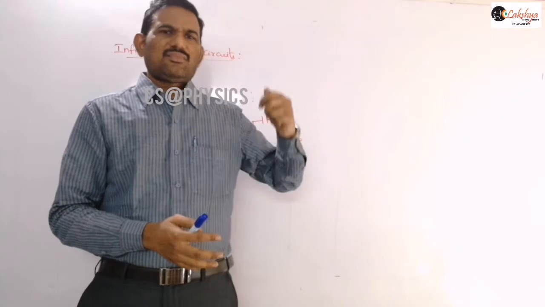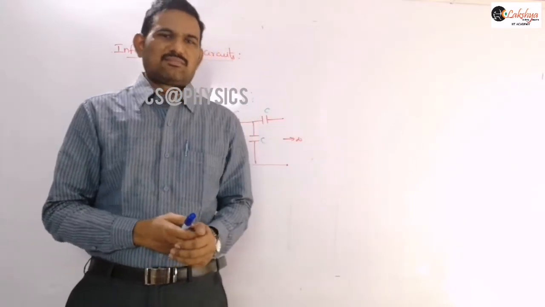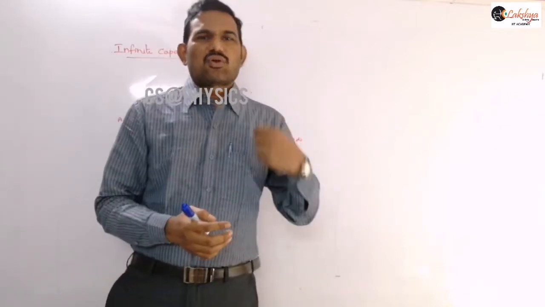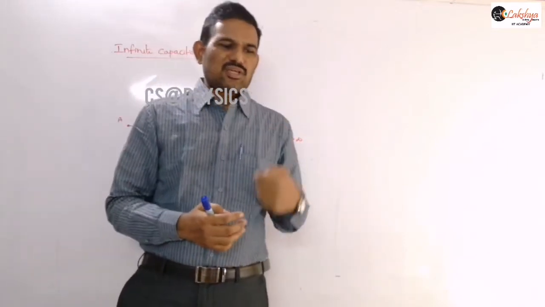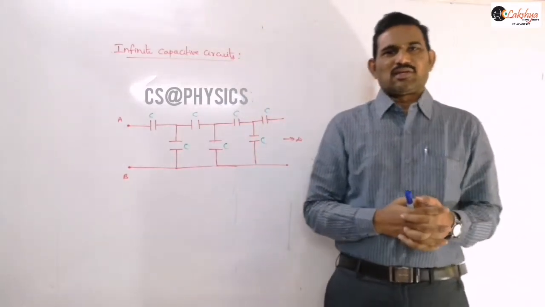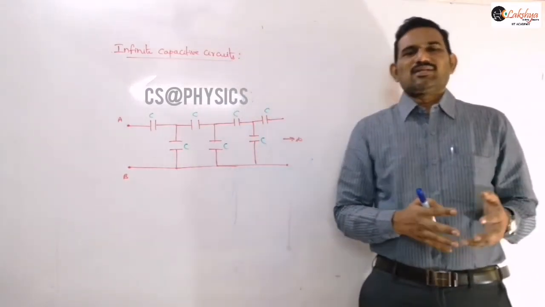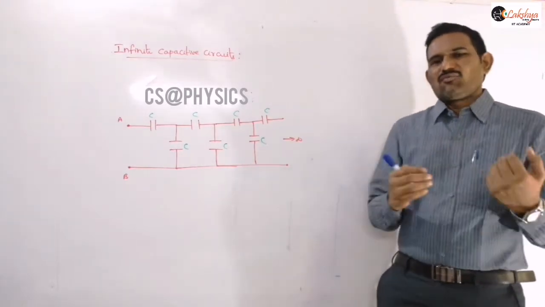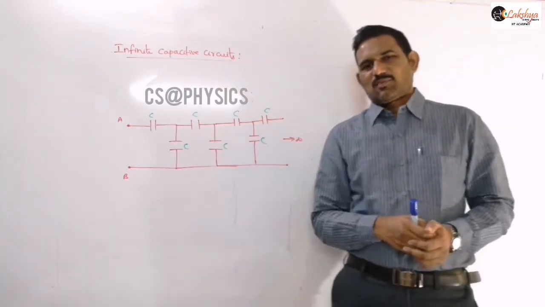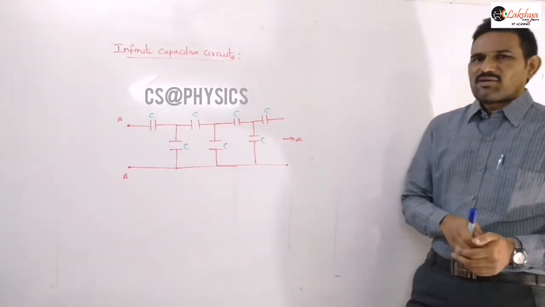From a huge lake or a sea, if you take a few drops of water, there is no change in the level of the liquid. Similarly here, if one unit cell is removed from that circuit, there is no change in the effective capacitance.